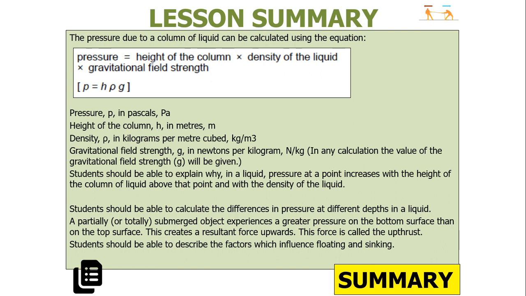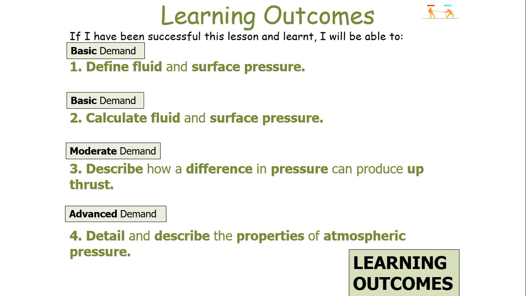And then you should also be able to calculate the differences in pressure at different depths in a liquid, and that a partially or totally submerged object experiences a greater pressure at the bottom than at the top, which creates a resultant force upwards, which we call upthrust, which links into floating and sinking. So if you've learned in today's lesson, we can define fluid pressure and surface pressure, calculate fluid pressure and surface pressure, describe how the difference in pressure can produce upthrust, and then detail and describe the properties of atmospheric pressure.